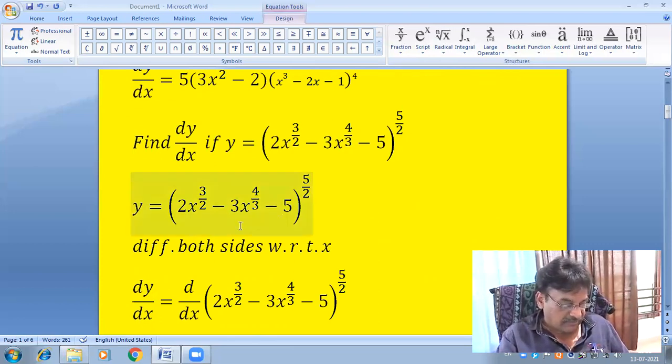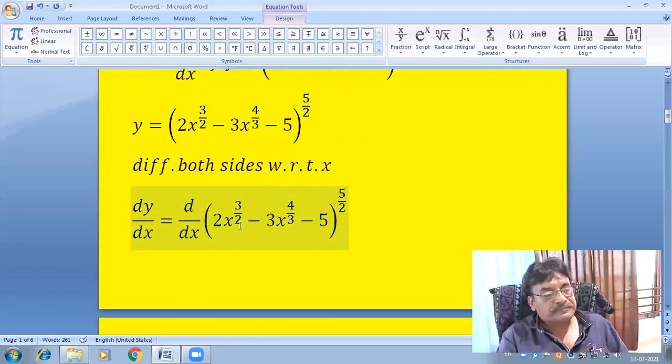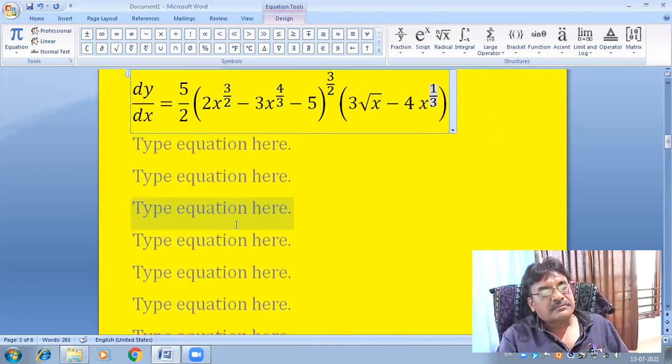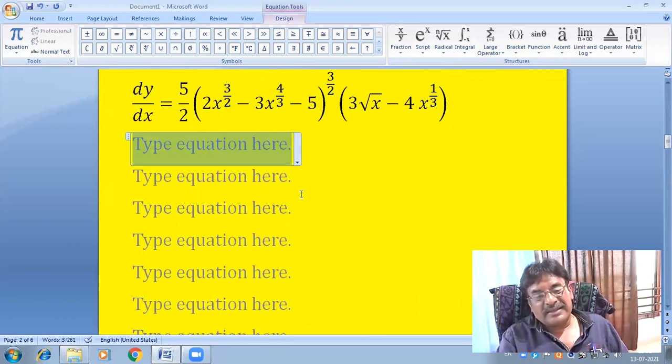Next problem, again we'll solve one problem. Problem number 3 in exercise 1.1, unit differentiation, from Mathematics Part 2 for class 12.